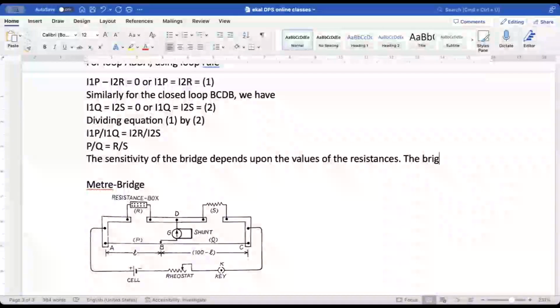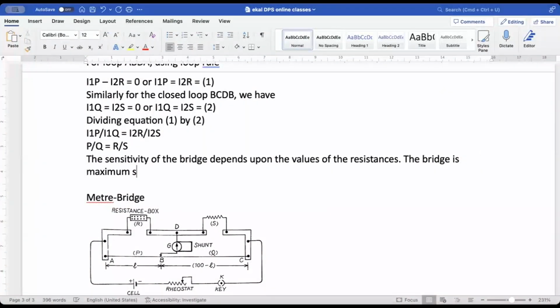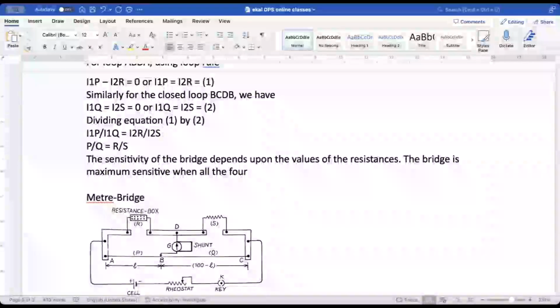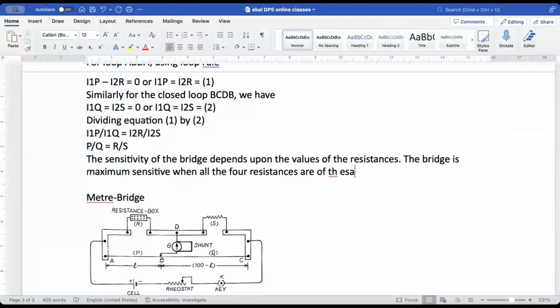The bridge is maximum sensitive when all the four resistances are of the same order, right?